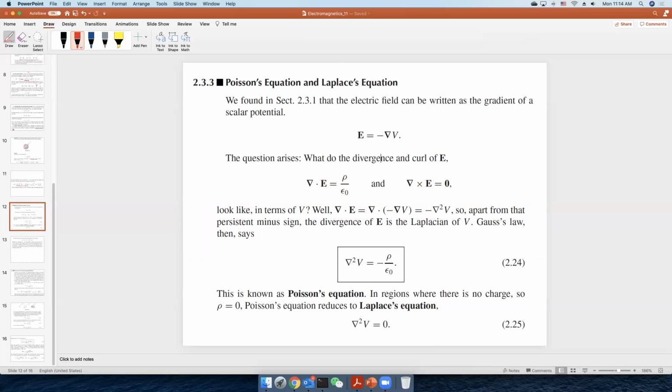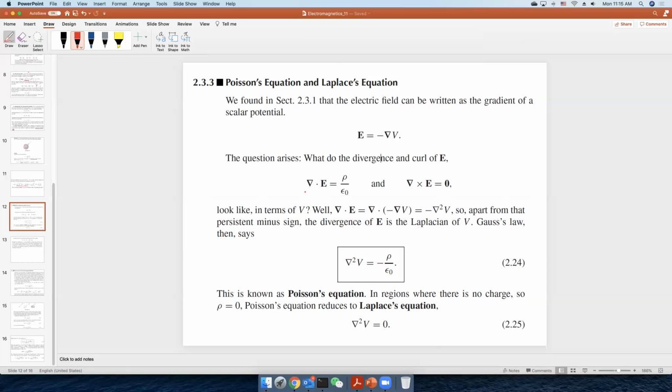If we don't use E, and instead write the equation using V, because V and E have this relationship, then the divergence of E equals the divergence of negative gradient of V, which is negative del squared V. So the divergence of E is the Laplacian of V. So Gauss's law becomes del squared V equals negative rho over epsilon 0.